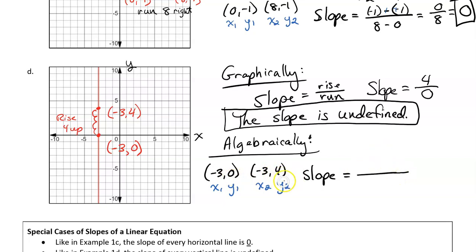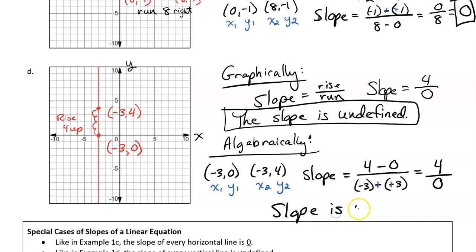Those go on top. y2 minus y1, that's 4 minus 0. x2 minus x1, that's my denominator, so x2 is -3. Minus x1 is another -3. All right, so in the top, 4 minus 0 is 4. On the bottom, we have another negative situation, so that turns to plus. -3 plus 3 gives me 0. So once again, our slope is undefined.